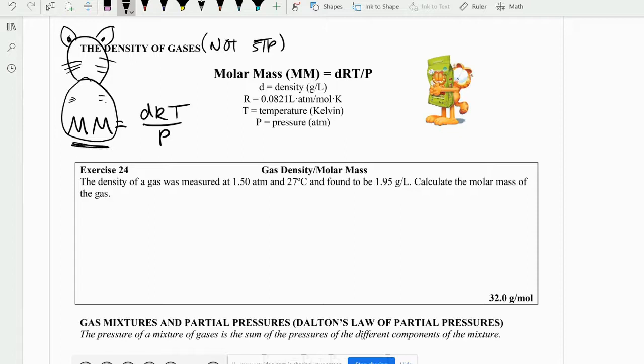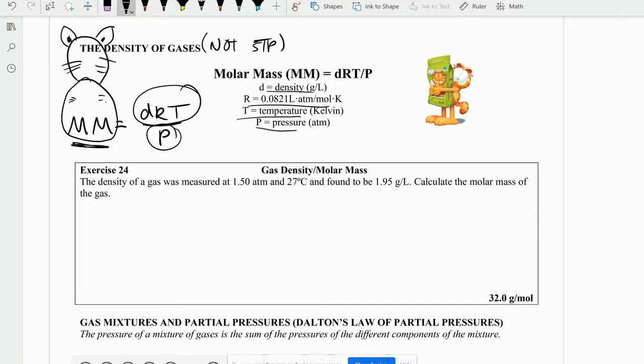Good cats put dirt over their pee. Do you see what I'm talking about here? Now, I know it's cheesy, but you will remember this. So, density of gases, all good kitty cats, molar mass, put dirt over their pee. And you can see in this equation, lowercase d is density, R is our R constant, T is temperature, convert to Kelvin, please, and P will be pressure in atmospheres.